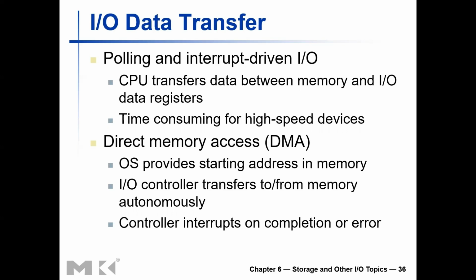The processor will hand over the transfer job to the DMA controller. It could be done either way, to the device or from the device, memory to device or device to memory. So OS provides starting address in the memory. I/O controller transfers to or from memory autonomously. Controller interrupts on completion or error.